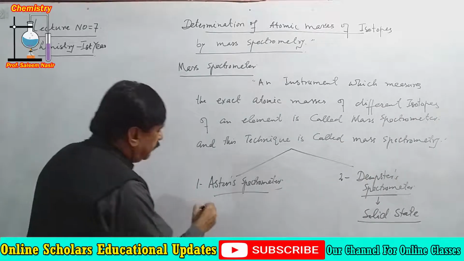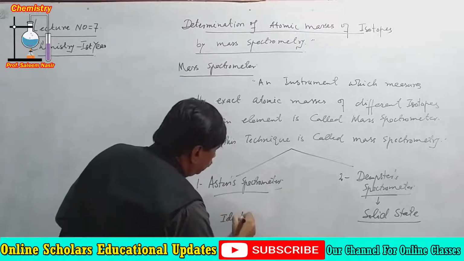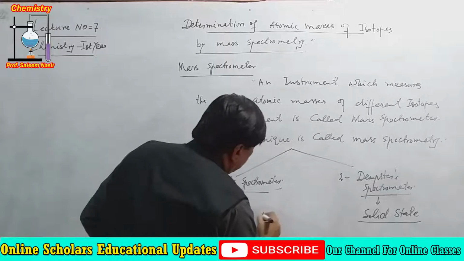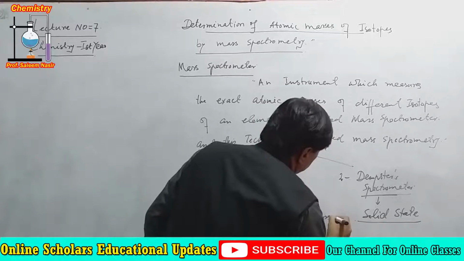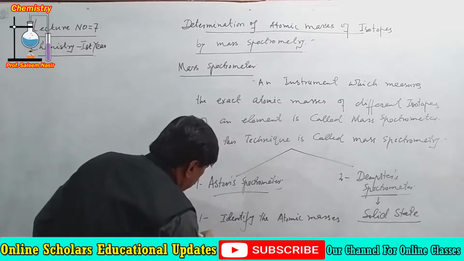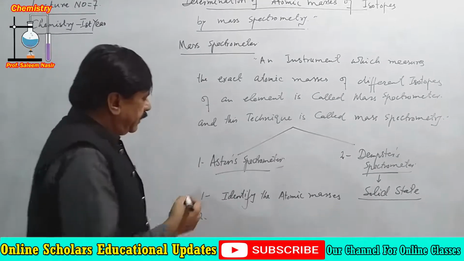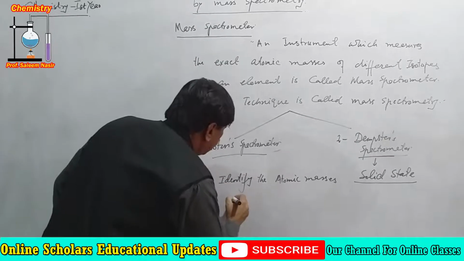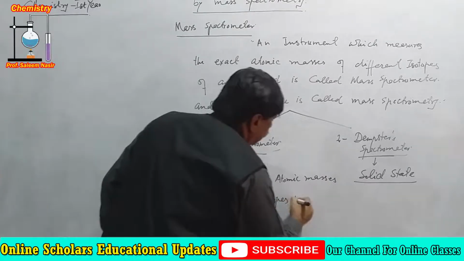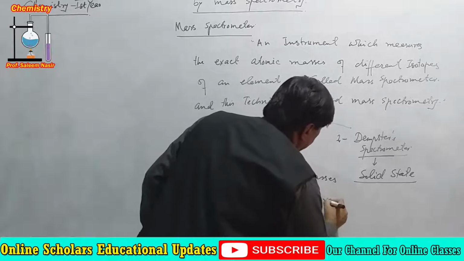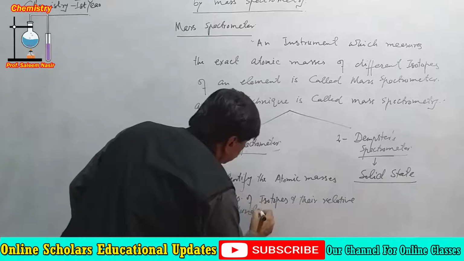The first use is that the mass spectrometer can identify the atomic masses. Secondly, the mass spectrometer can identify the number of isotopes and their relative abundance in nature.